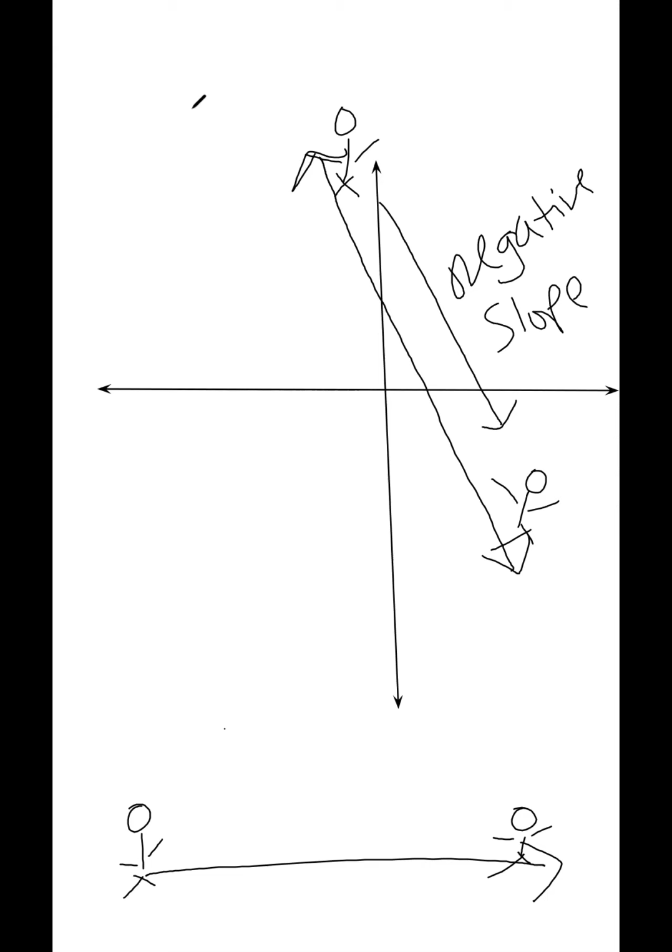So just remember slope dude. When he's walking up the hill, positive. When he's walking down the hill, negative. If he's walking in a straight line, like below, this is 0. It takes 0 effort to walk in a straight line. And then if the poor guy falls off the cliff, this is undefined.